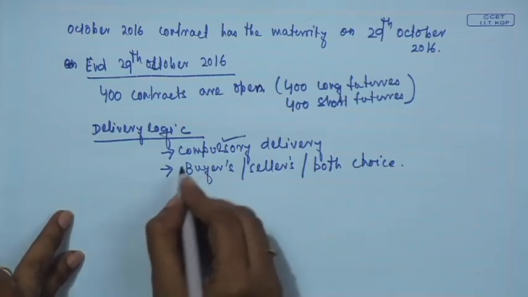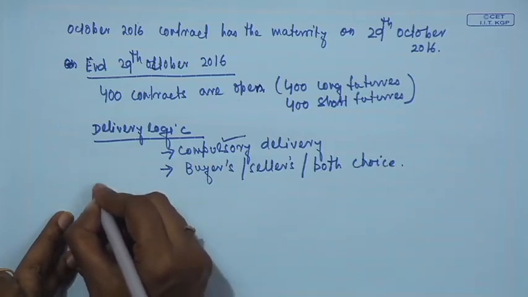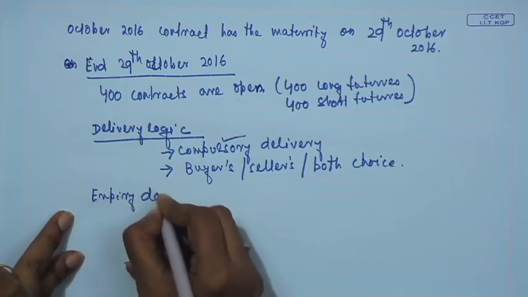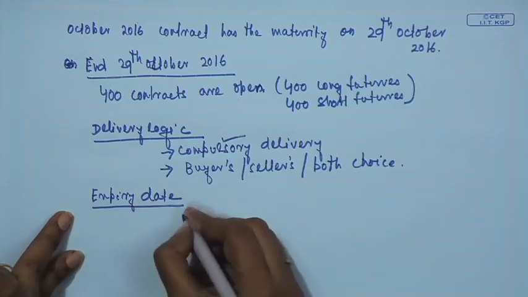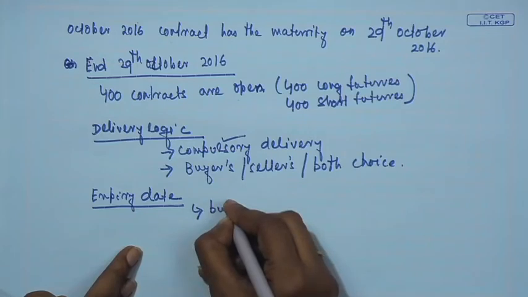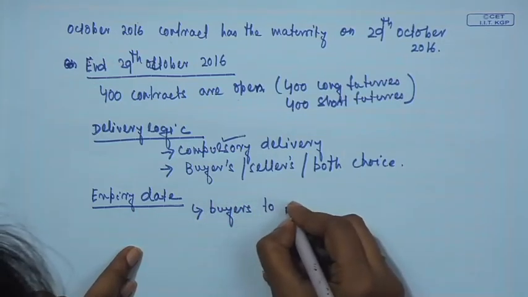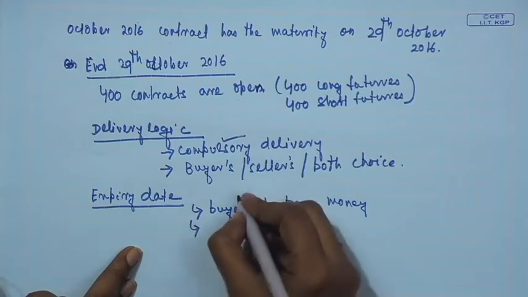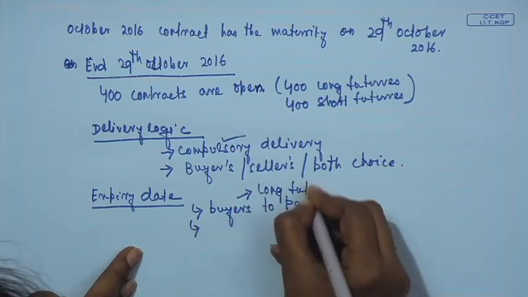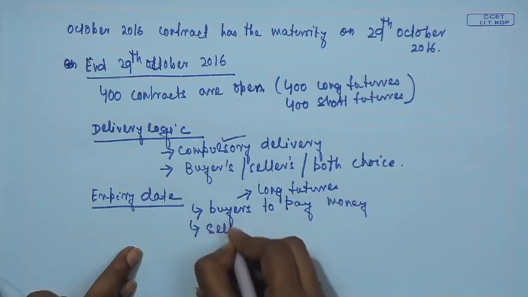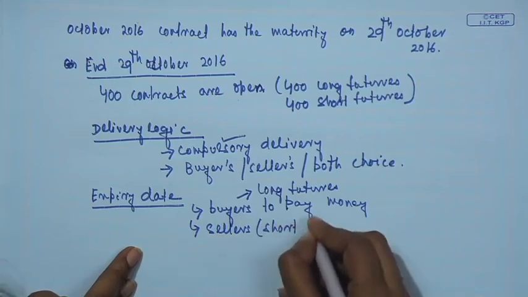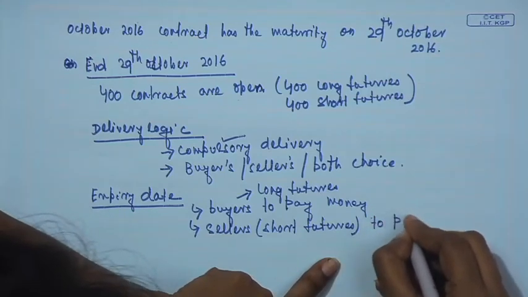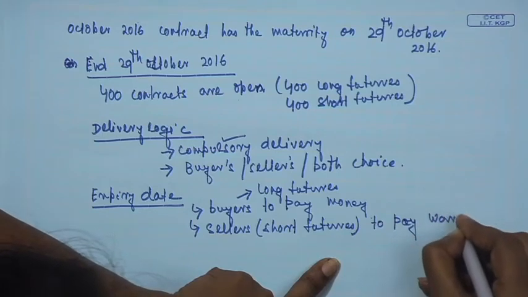So on the expiry date, the buyers, the long futures position holders, have to pay money, and the sellers, the short futures position holders, have to pay warehouse receipts.